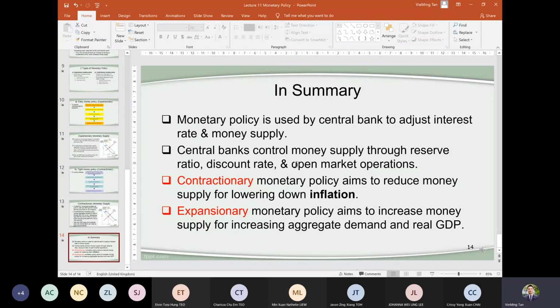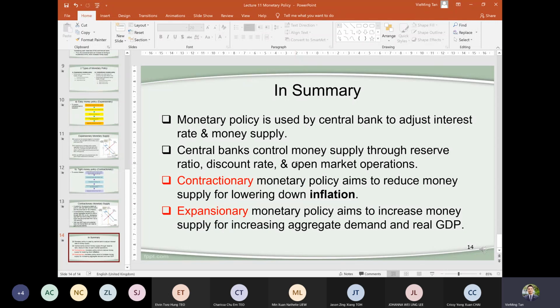On the other hand, what if the economy is having a recession and many people are jobless, with no job opportunities? Then what is the best strategy for the government to address the recession problem? The government can consider applying the expansionary monetary policy through the central bank, whereby the central bank buys back government bonds from the commercial banks and also lowers the reserve ratio and the discount rate that need to be paid by the commercial banks.